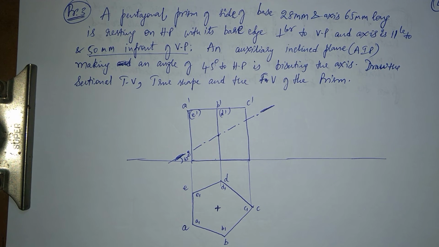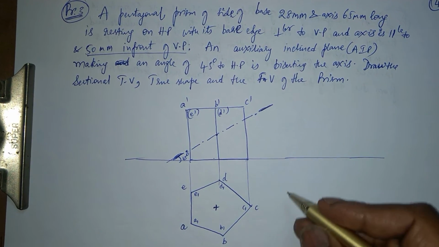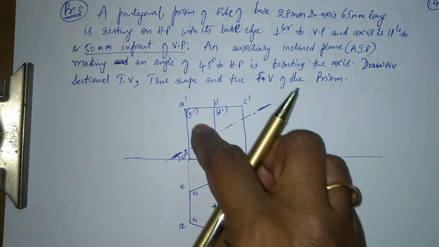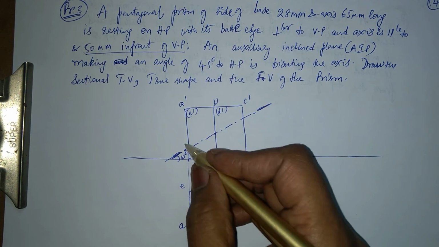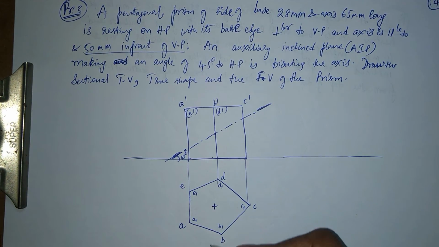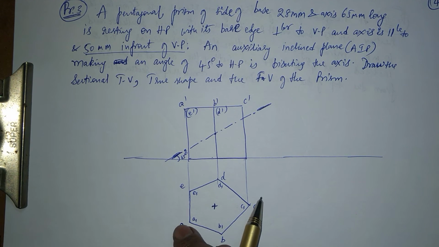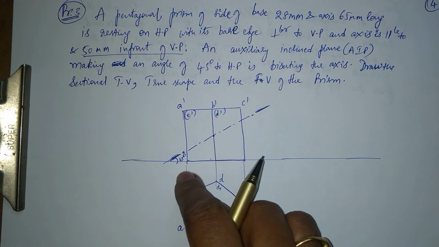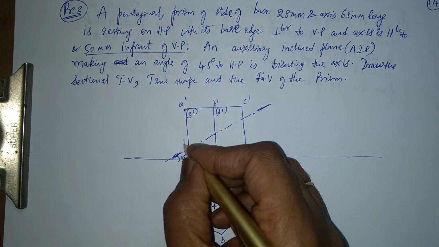Alright, so now for this one, where do I get the true shape? So when I have to see perpendicular to this one, in this case, how many parts is this cutting? A line is a solid line, B line is a solid line, C line is a solid line. So corresponding to A1, I'll put 1.